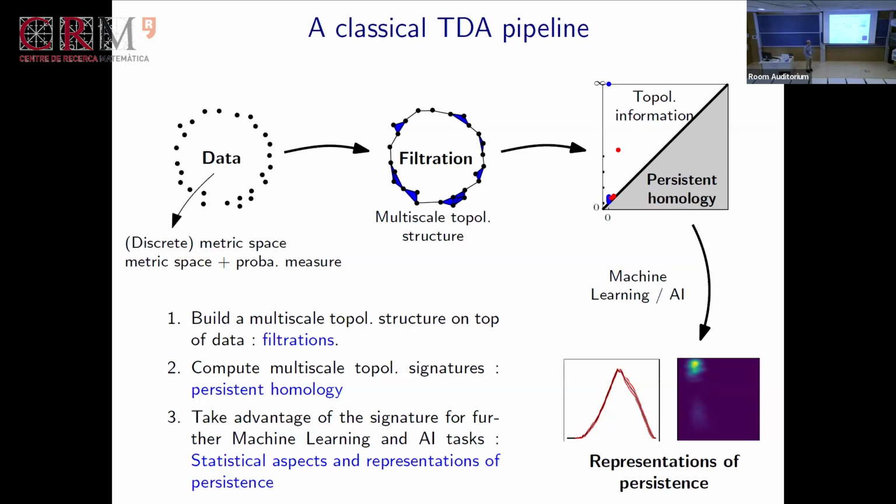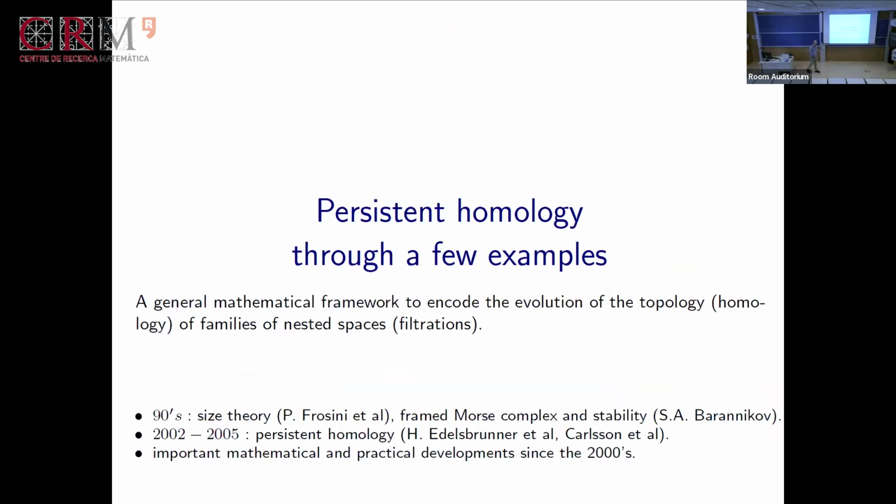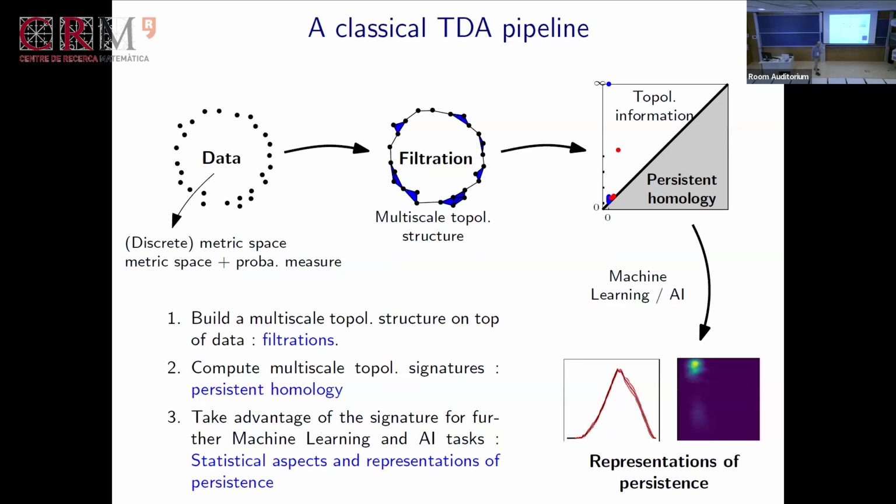Okay, so now I'm going to start to introduce persistent homology a little bit, but I'm not going to do it formally because it would take a bit of time, and probably Thomas will talk about it in a more algebraic way. I will try to do it on a few examples, and for a moment we are going to forget about this example of a point cloud.